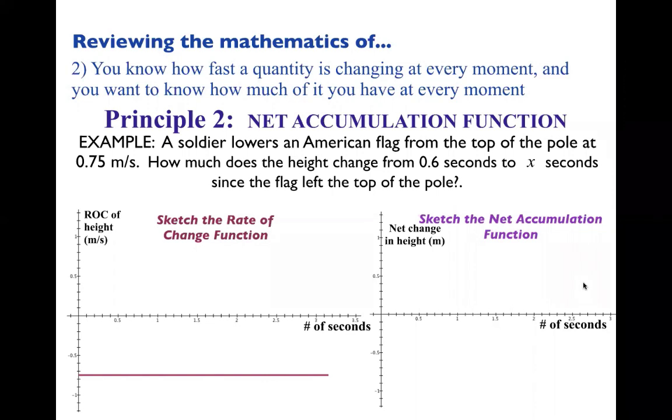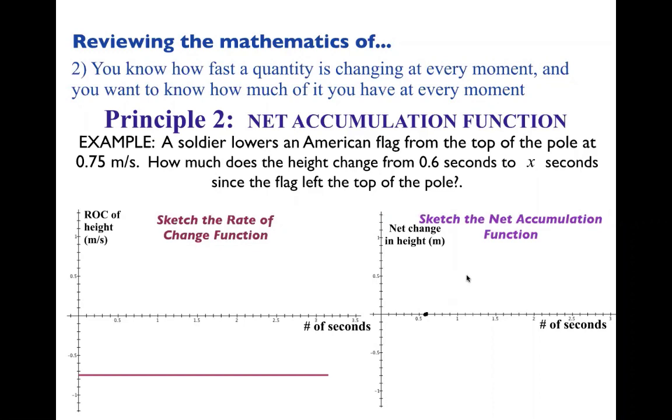Maybe to start, we should ask what the net accumulation of height is at 0.6 seconds. Positive, 0, or negative? It's going to be 0, because the net accumulation we're asking about is the net accumulation since 0.6 seconds. There's been no change in the height since 0.6 seconds.